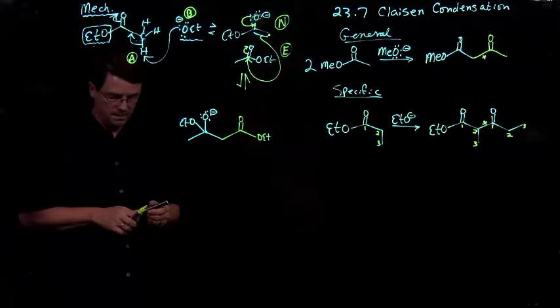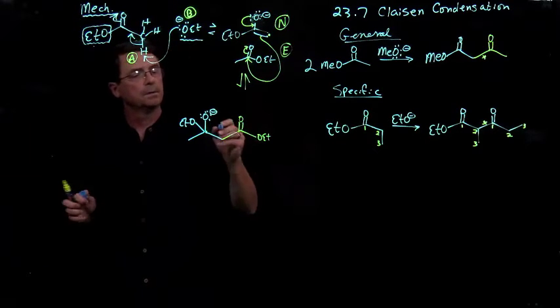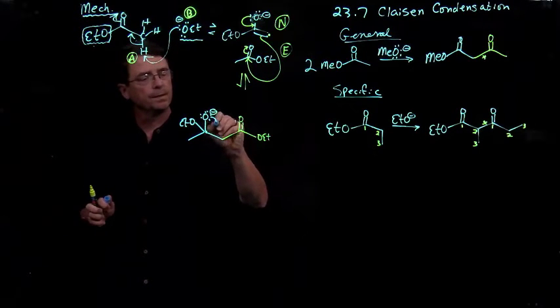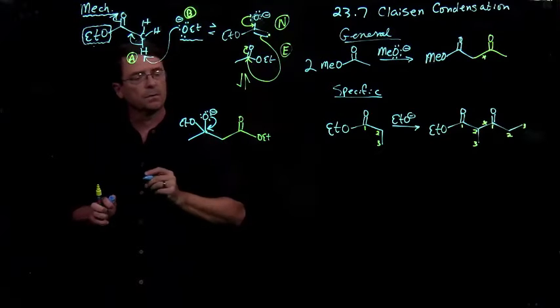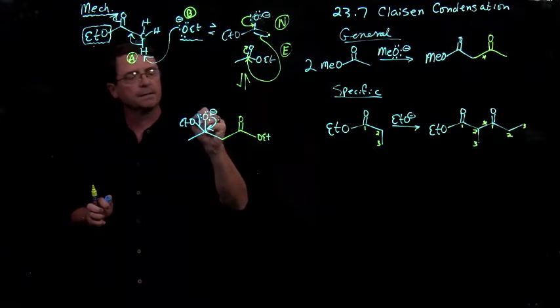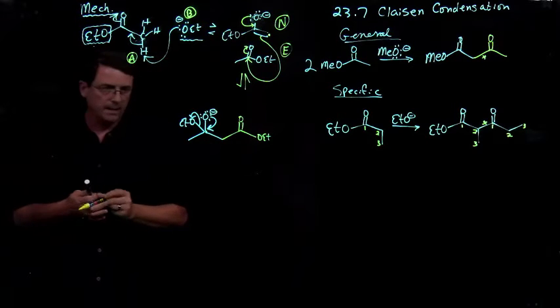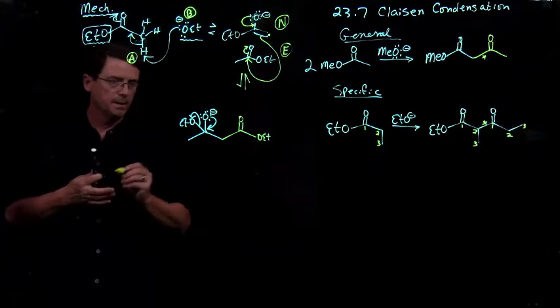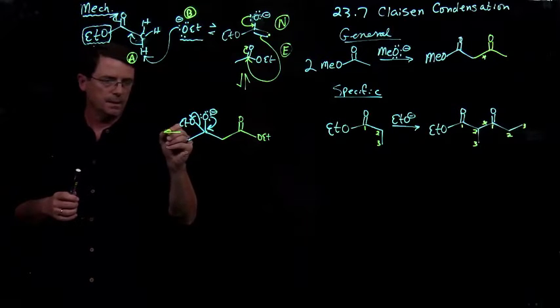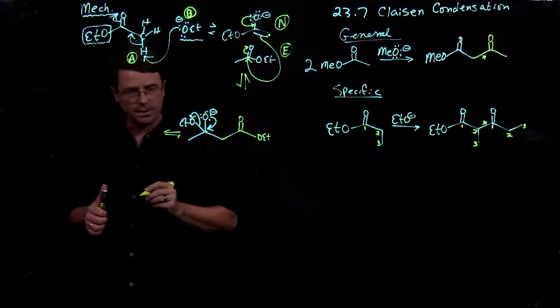Now, this compound will displace the leaving group, in this case ethoxide. Now, we don't normally have such strongly basic leaving groups, but remember we're under basic conditions, so we can have a basic leaving group. This, again, is an equilibrium process.